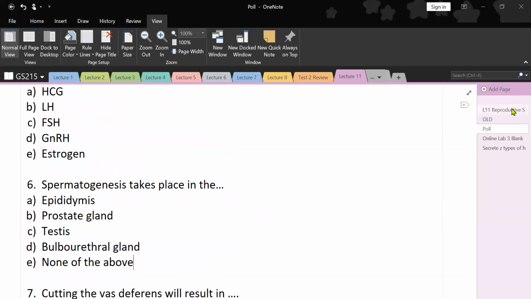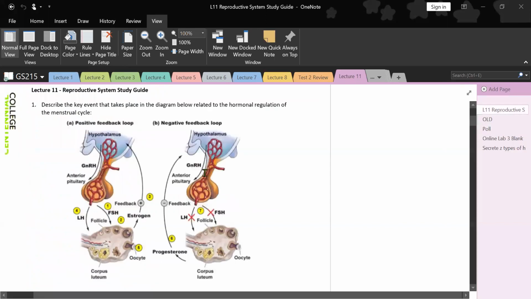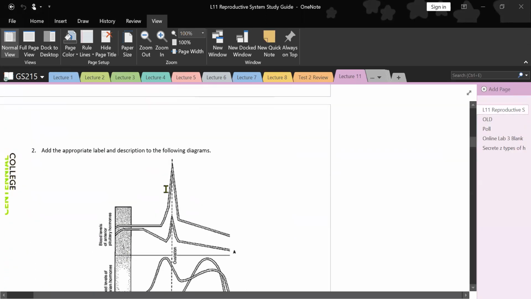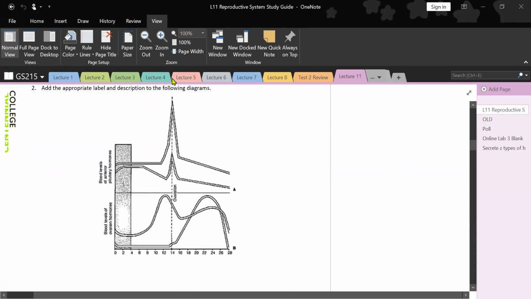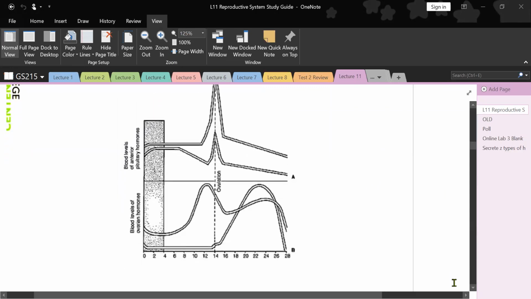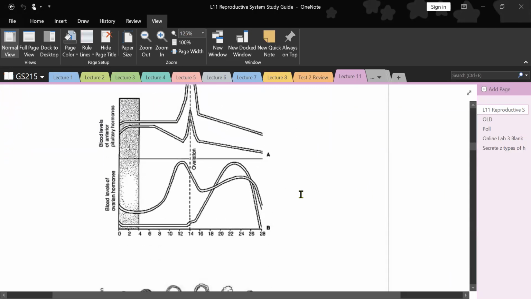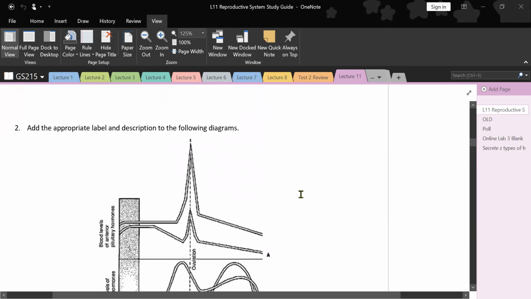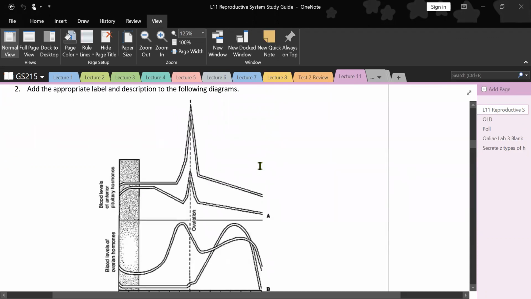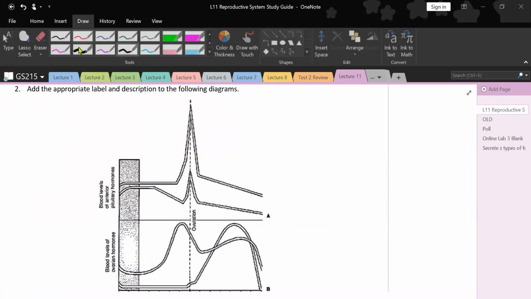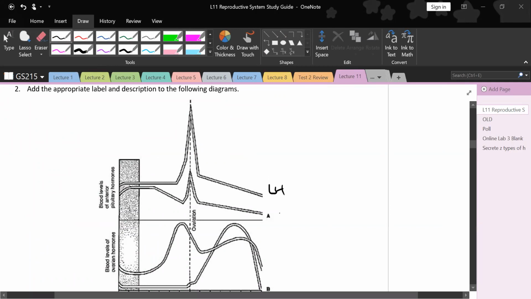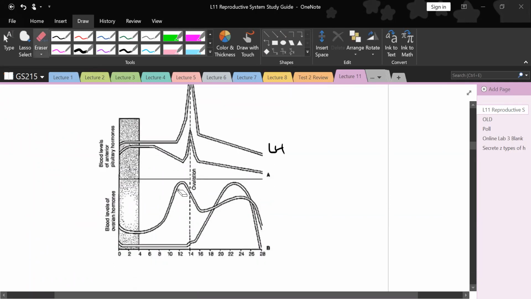So we're going to go back to our notes here. This diagram I explained in the videos already, but I can quickly go through it again. There are 4 graphs. The first graph here is the LH. This graph here is the FSH.